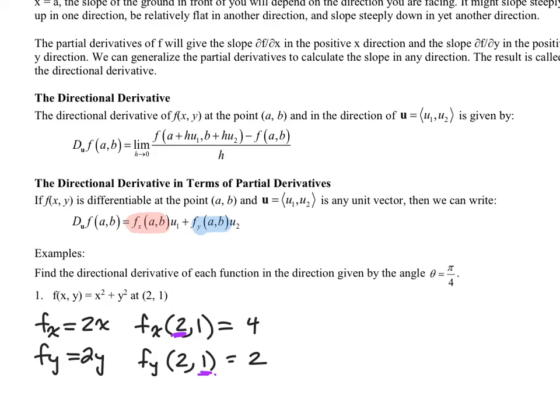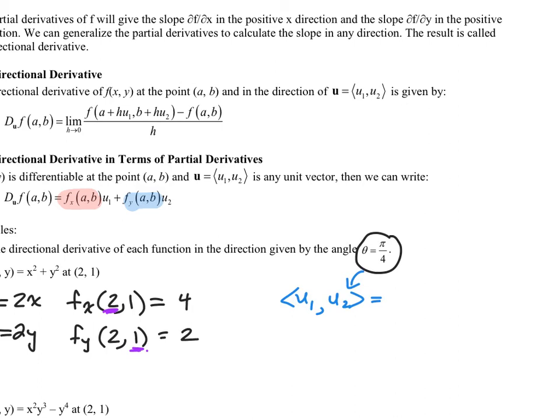All right. So what I need now is my unit vector. My unit vector comes from the given angle, all related to the unit circle again. So the unit vector is going to be cosine theta, comma, sine theta.